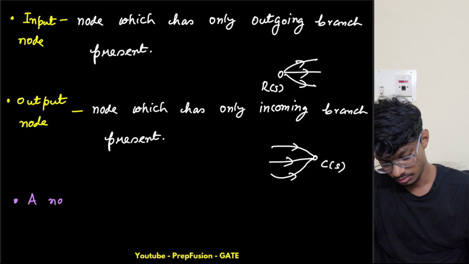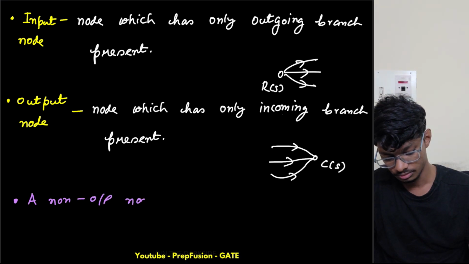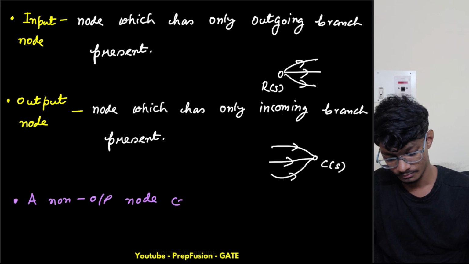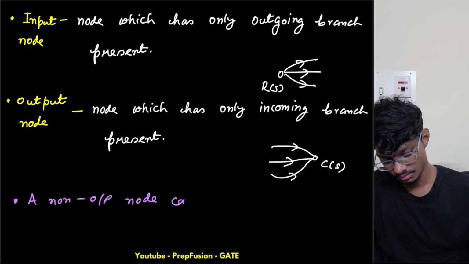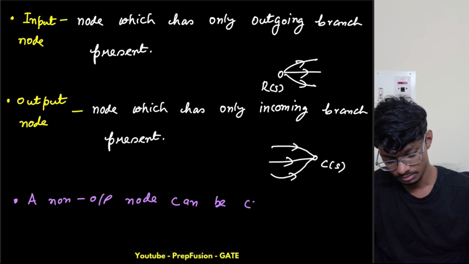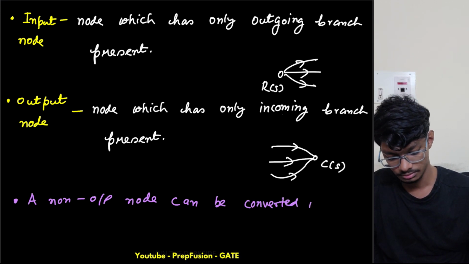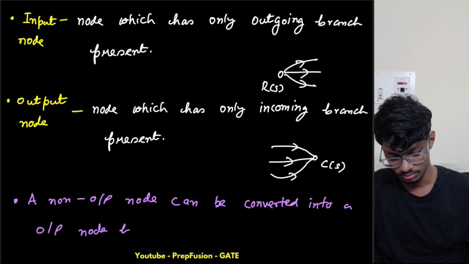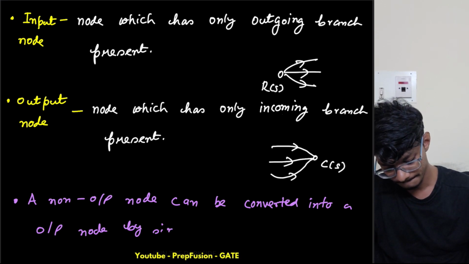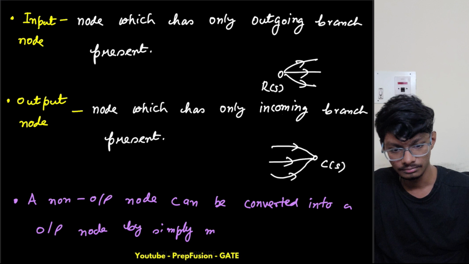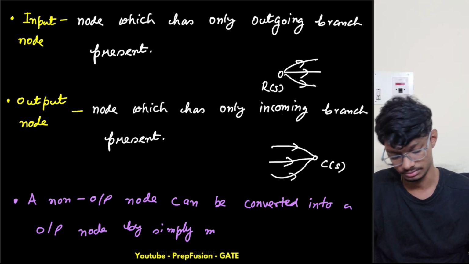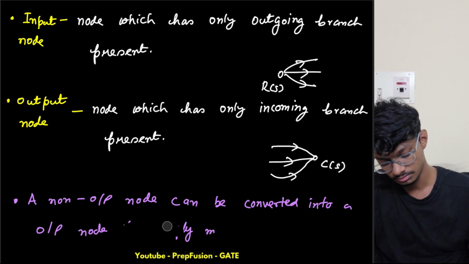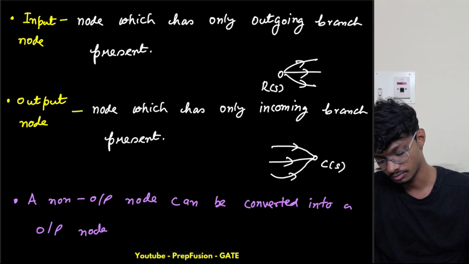I will not write the word simply here, just that a non-output node can be converted into an output node.